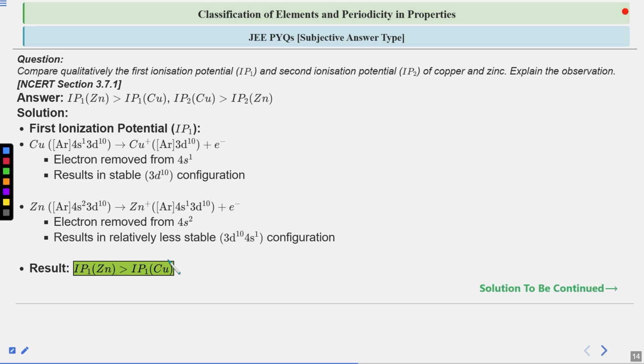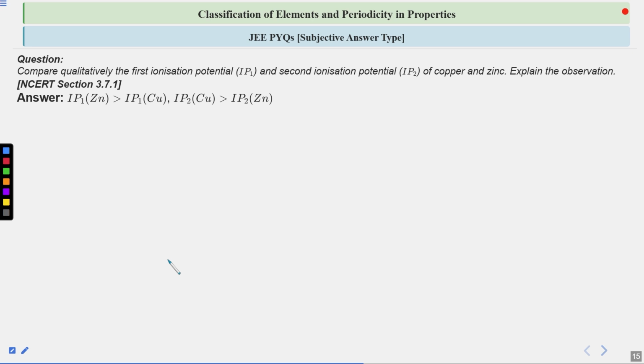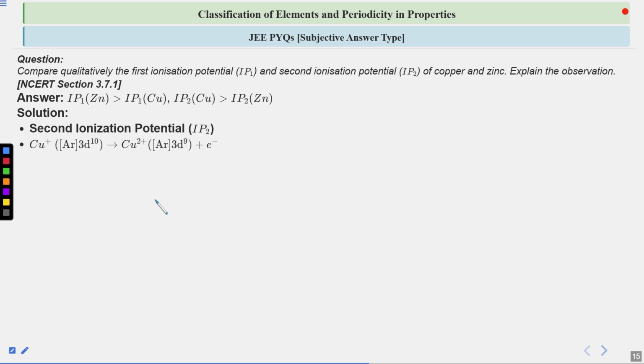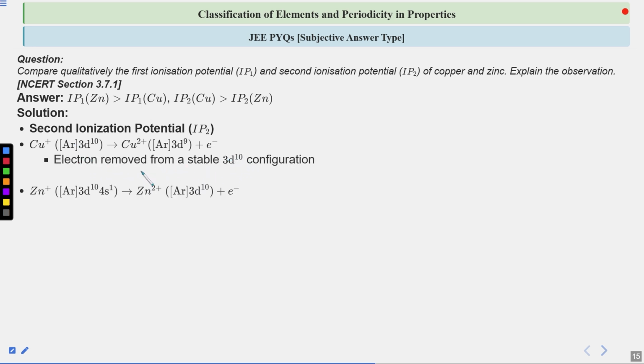Now moving on to the second ionization potential. Copper plus moves to copper 2 plus, where you remove one electron from the stable 3d10 configuration. Therefore, it is difficult to do so.